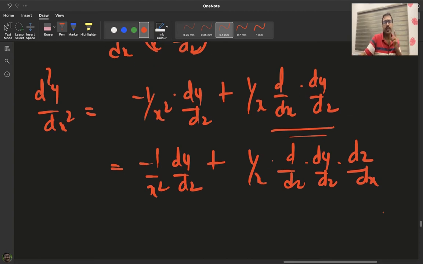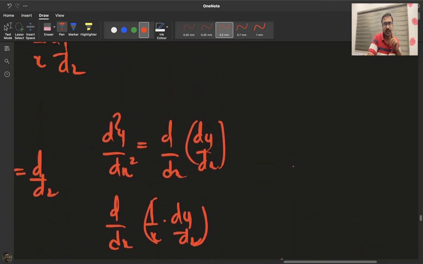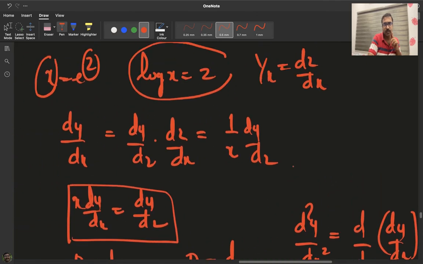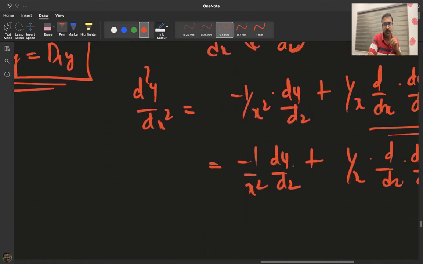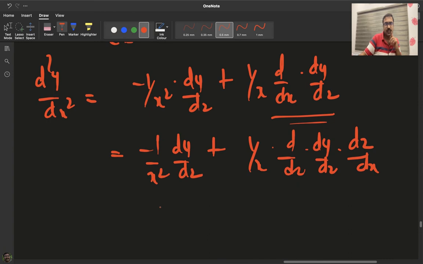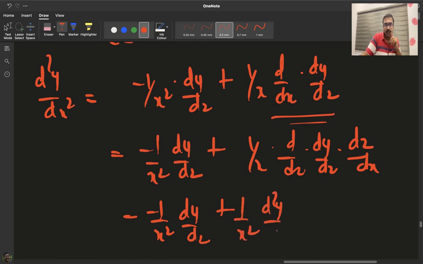Since dz by dx is simply 1 by x, you get minus 1 by x square into dy by dz plus 1 by x square into d square y by dz square.